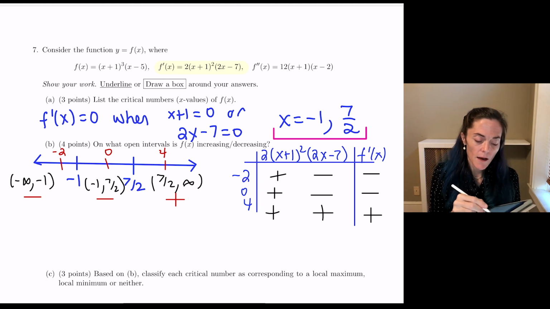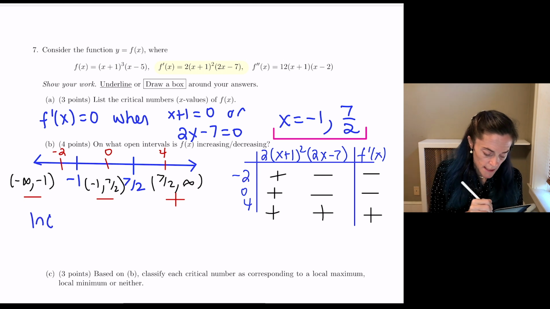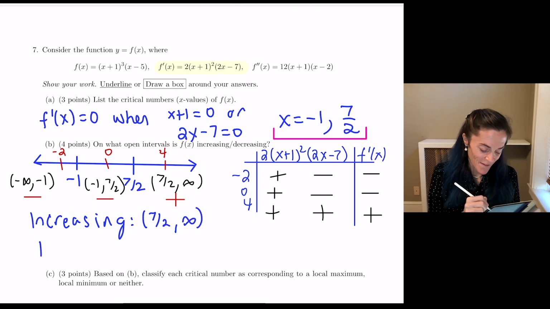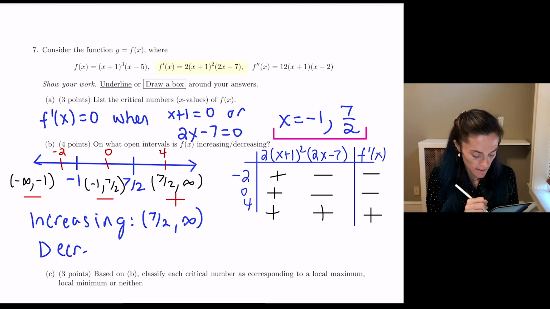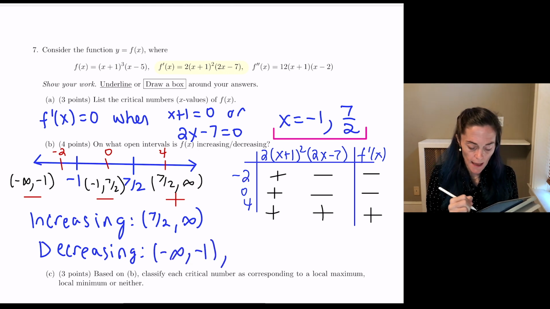Now, we just need to make our final answer. My function is increasing everywhere I see a plus, which is 7/2 to infinity. My function is decreasing everywhere I see a minus, which is -infinity to -1 and -1 to 7/2.